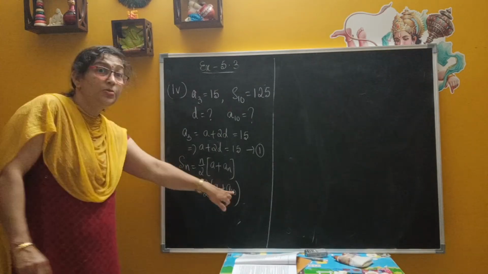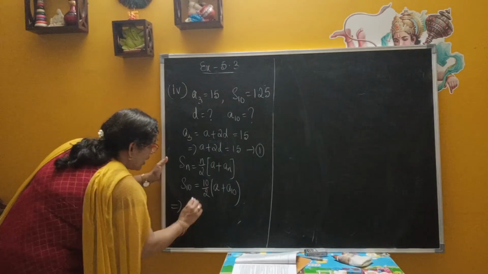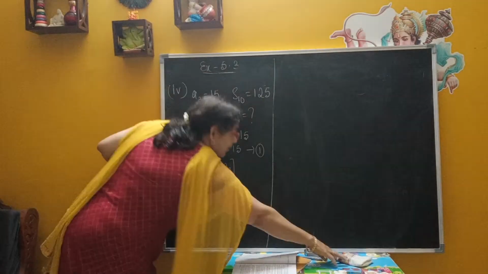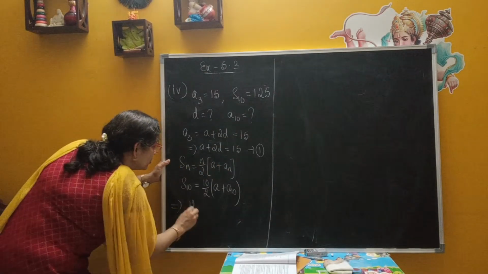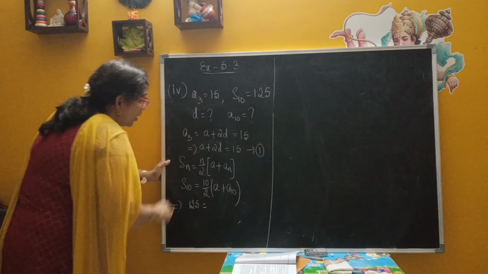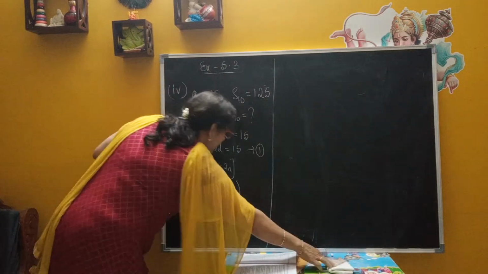Let us substitute here in this formula. So S10 value is given, it is 125. So 125 is equal to, or just write here itself.